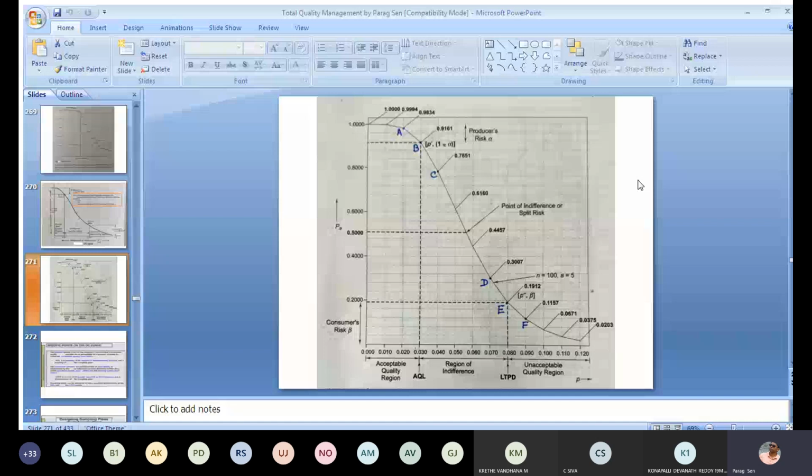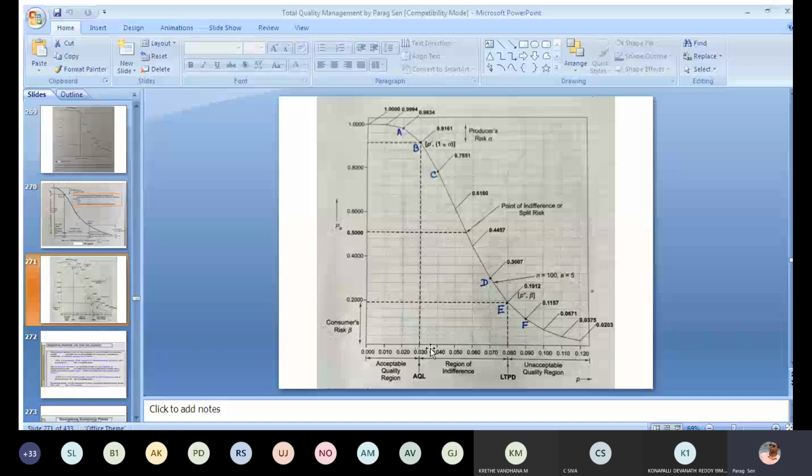Suppose you are asked in this particular graph what the producer's risk is if the lot contains 4% defective.